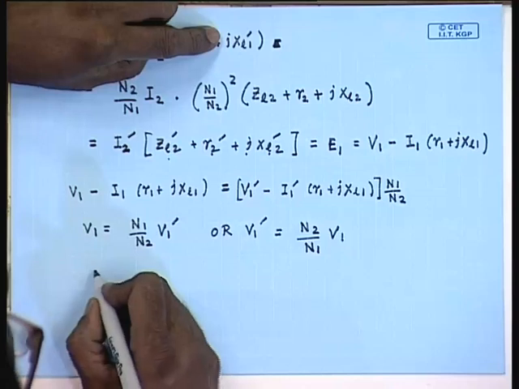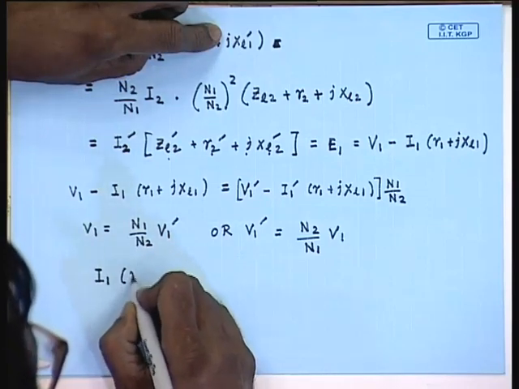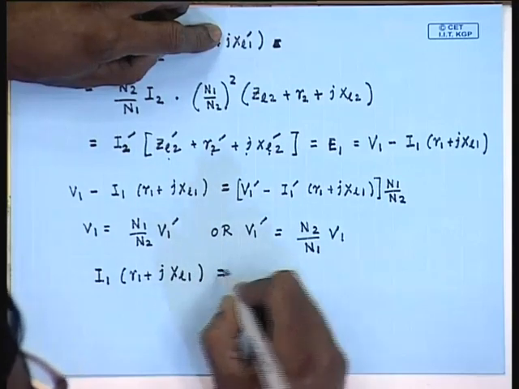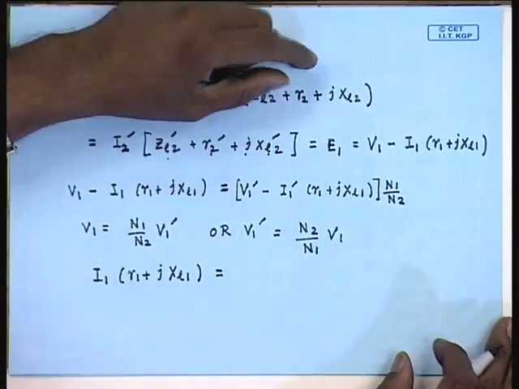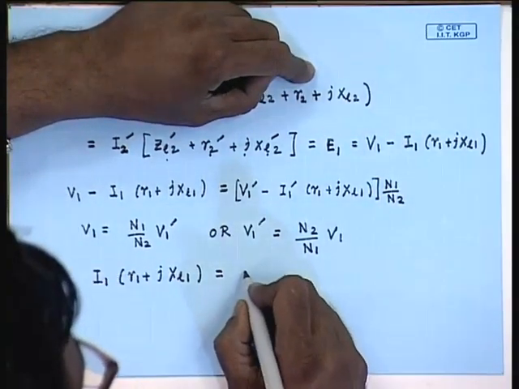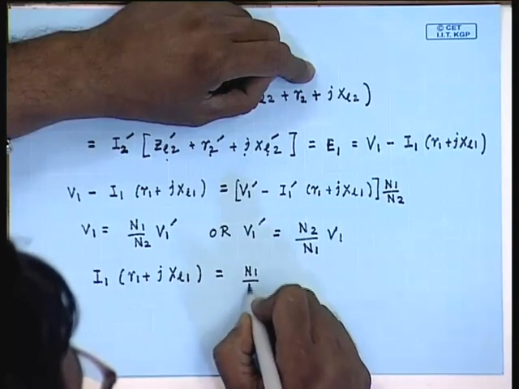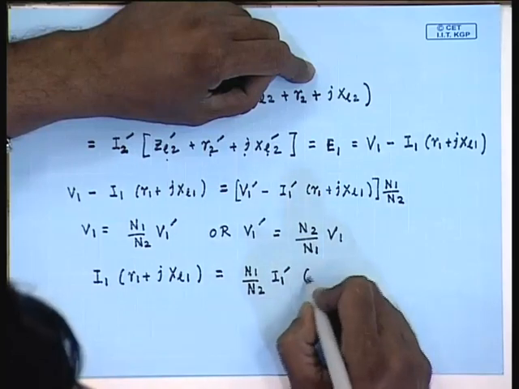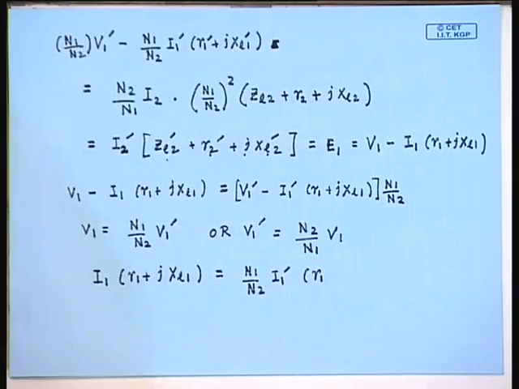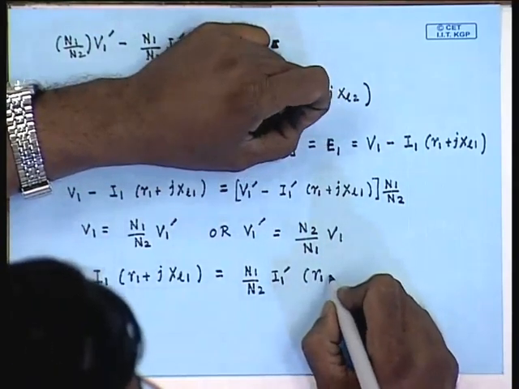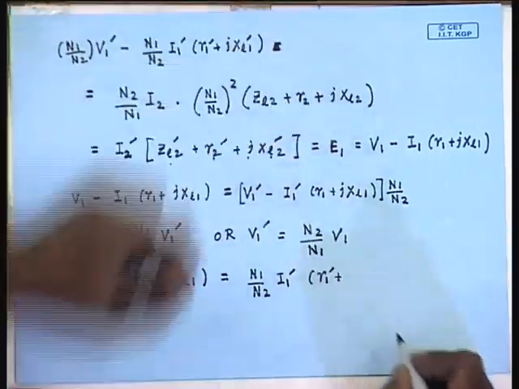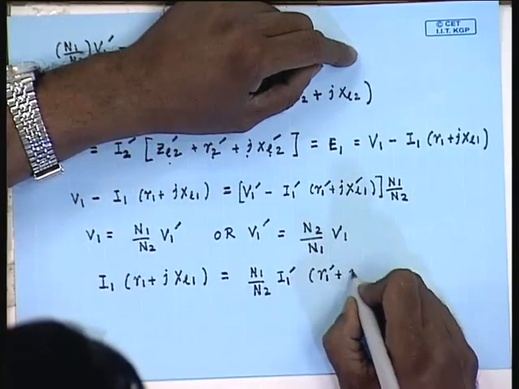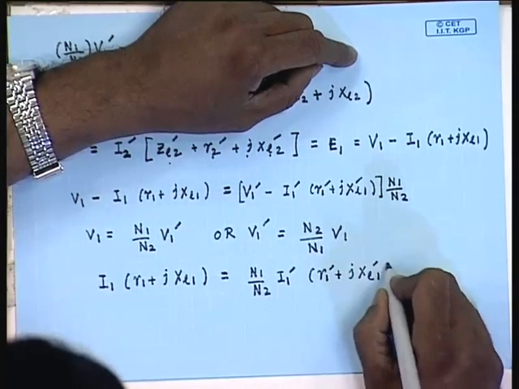Similarly, I1 into R1 plus jXL1 equal to N1 by N2 into I1 dash into R1 dash plus jXL1 dash.